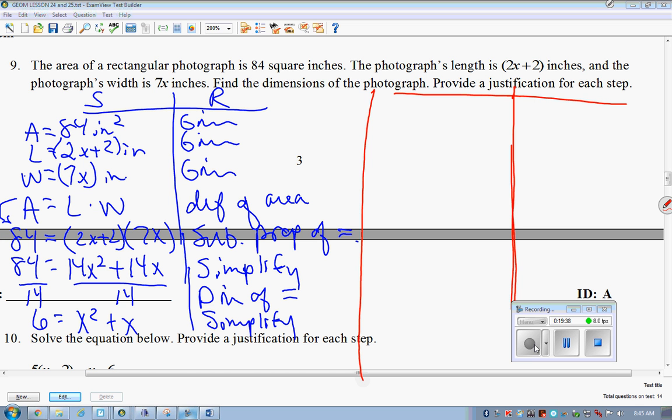Subtract 6. So we're getting x squared plus x minus 6 equals 0. Okay, subtraction property of equality. Now what are you going to do?